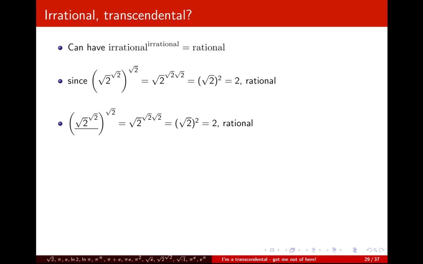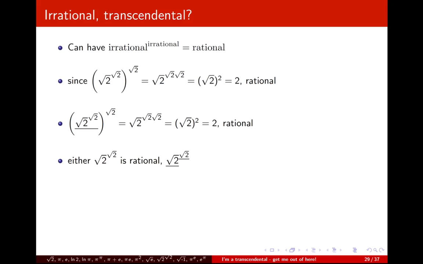Consider the expression as shown. Then either the number underlined is rational or irrational. Let's suppose that the square root of 2 raised to the square root of 2 is rational. Then this indeed is an irrational number raised to the power of an irrational number.